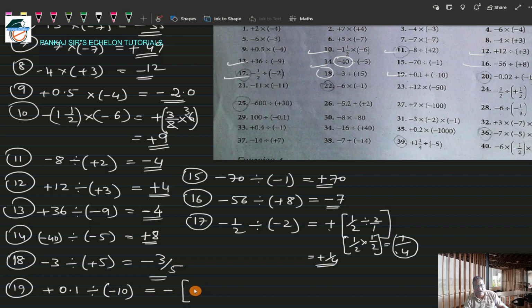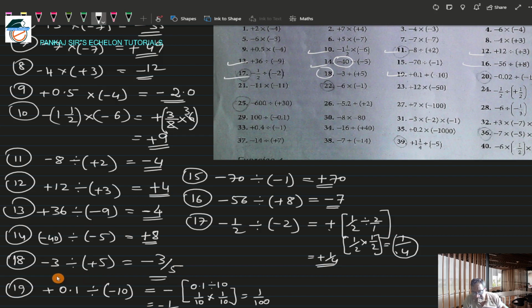Now how do you work this out? 0.1 can be written as 1 upon 10. This division sign can be converted to a multiplication sign, and I will invert the 10, so 1 by 10. So this works out to 1 upon 100. So my answer will be minus 1 upon 100.